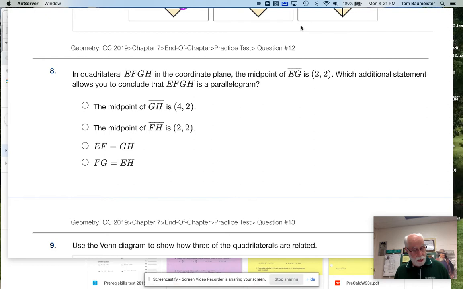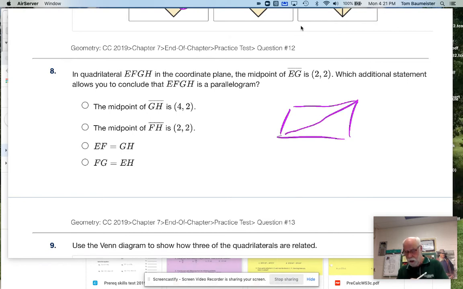Number 8, in quadrilateral EFGH, in the coordinate plane, the midpoint of EG is 2 and 2. What additional statement allows you to conclude that EFGH is a parallelogram? So again, just think about what I just told you. And this one here was also another one.